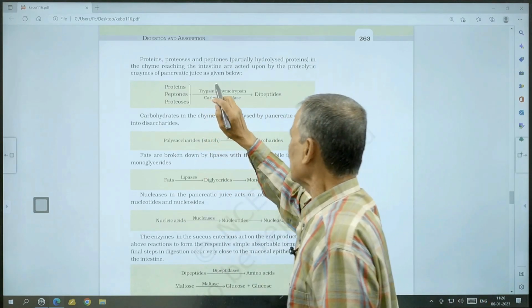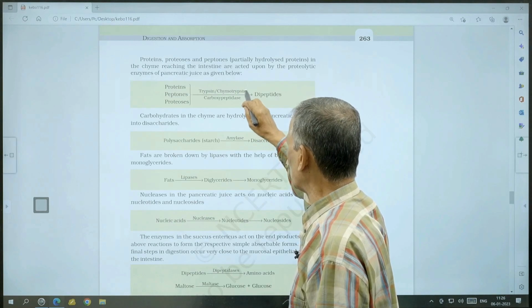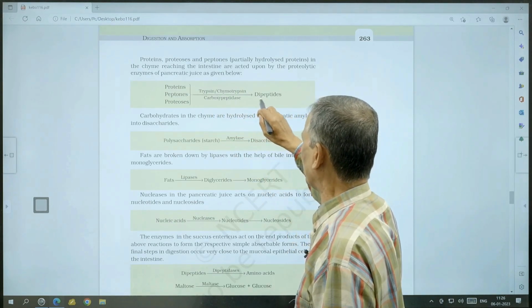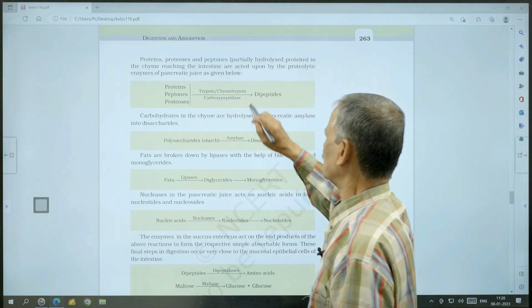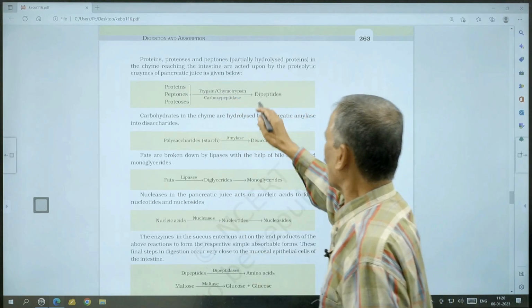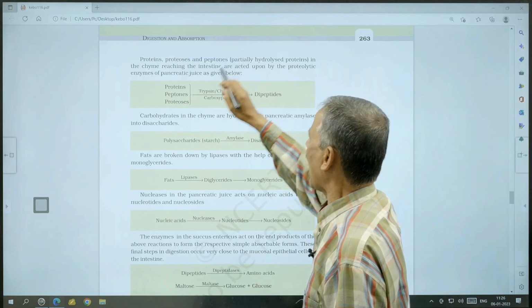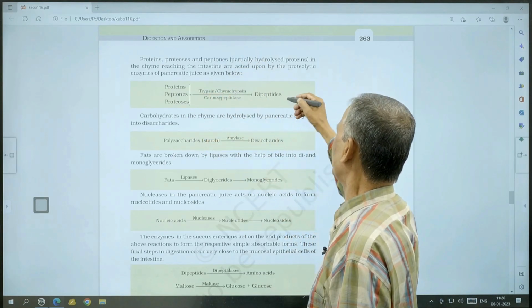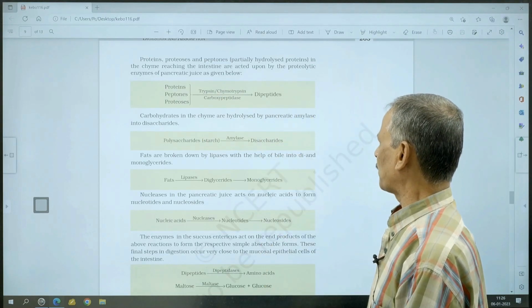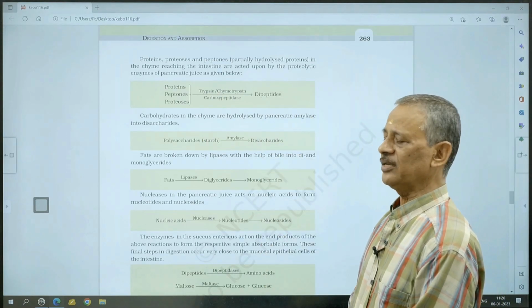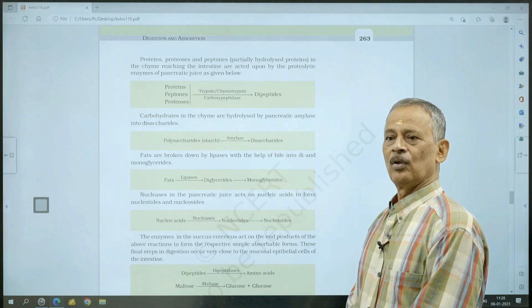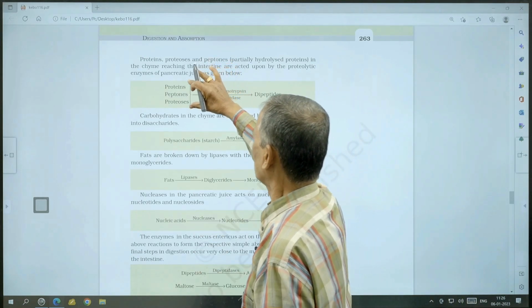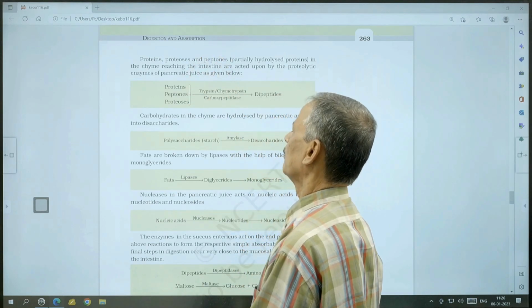Trypsin will then activate chymotrypsinogen to active chymotrypsin and procarboxypeptidase to carboxypeptidase. All these three will act on proteins, peptones, and proteases, and convert them into dipeptides. Remember, for this action, they require a pH of 7.8. So, that is one set of enzymes of the pancreas.